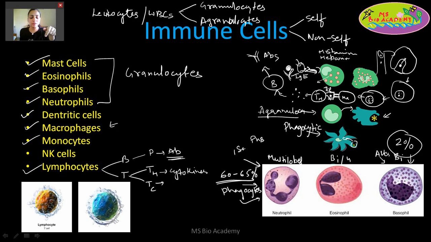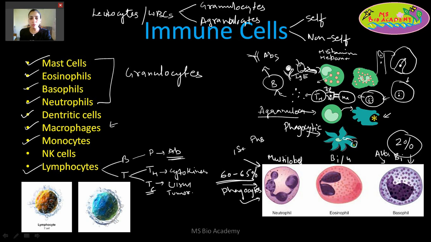And TC cells are the killer cells. They kill the cells directly on activation by the T helper cell cytokines, and they kill certain virus infected or tumor cells in our body.